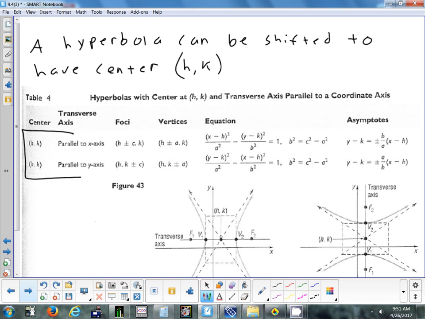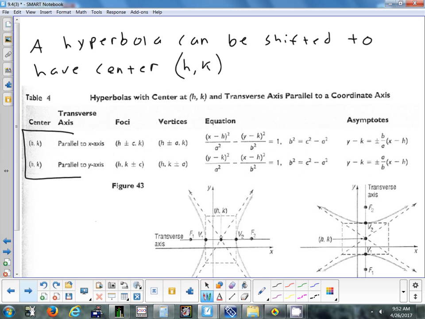When it's vertical, the slope is still a over b, but you have a little bit more next to it: y minus k, x minus h. You don't have to memorize this. All you have to do is find a, b, c, h, k, and fill into these formulas. So let's practice one where we have to find all 5 letters, and then we'll plug them into each formula one at a time.